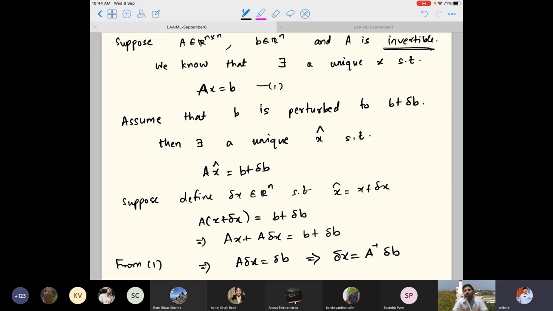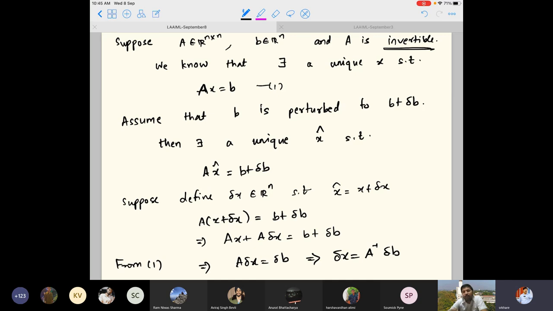So what am I really going to do here? I am going to say that if delta B is very small compared to B, and when I say very small compared to B, I am talking in terms of norms, right? I want to say that delta x is also very small compared to x. I want to make a statement like this. So can I make a statement like this?